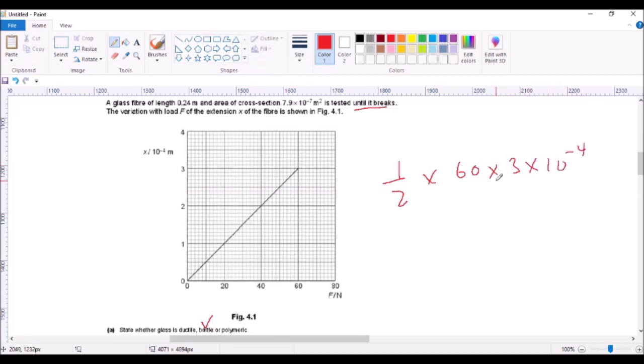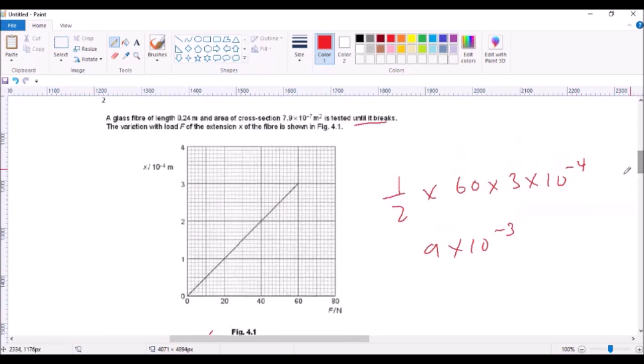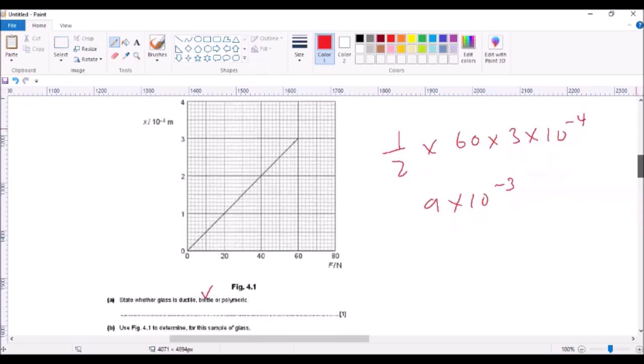Half times 60 times 3 times 10 to the power minus 4 is 9 times 10 to the power minus 2. Not 3? 1, 2, 3. Yeah, it could be 3. I counted wrong. It's 3, eh? All right.